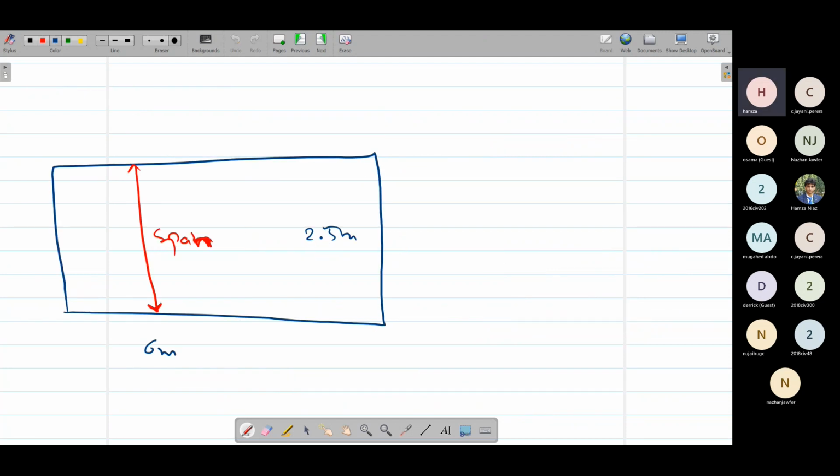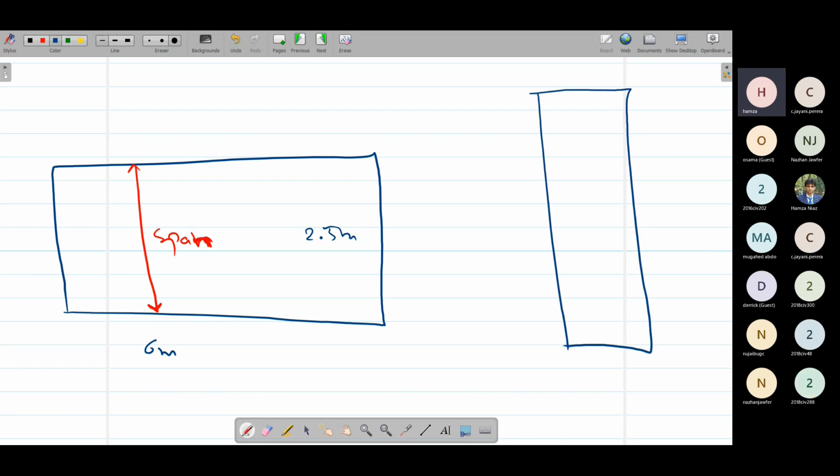Similarly, if the Lx over Lz ratio was less than 0.5, our wall would be something like this, where our height is much higher. For example, this is our 10 meters and this is our 4 meters. So Lx over Lz ratio is 4 over 10, that is 0.4.